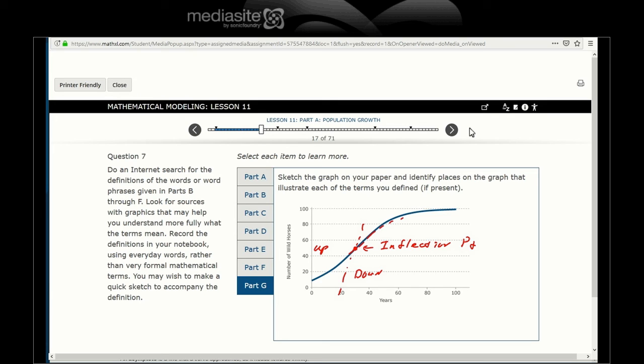Concave up. Concave down. Inflection point. Here is an asymptote, this 100.